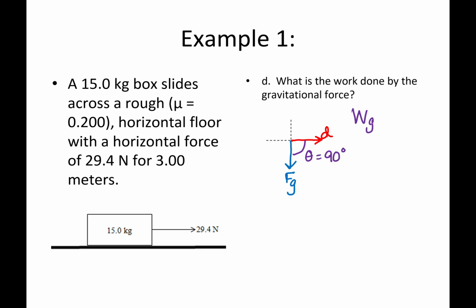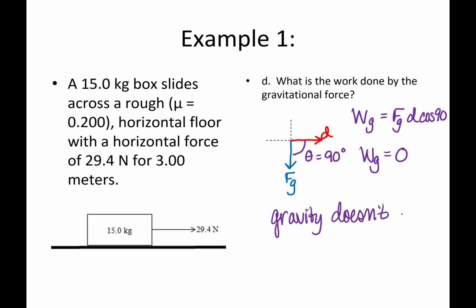So the work done by gravity would be the force of gravity times d times the cosine of 90, which we know is just 0. Again, gravity does not add or remove energy from the box.